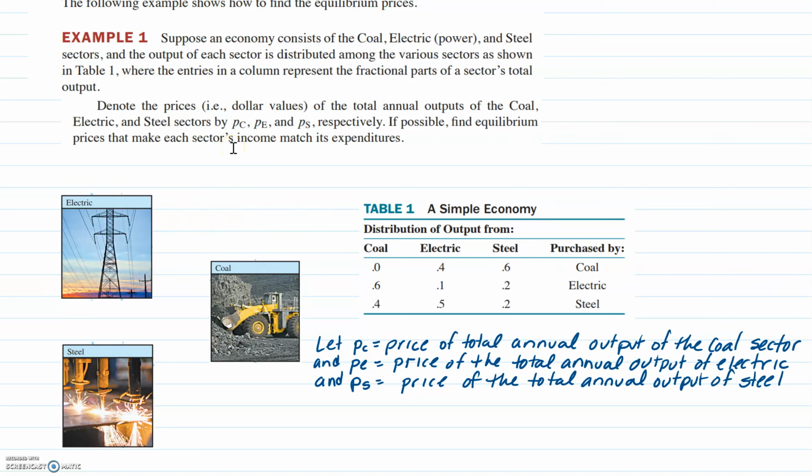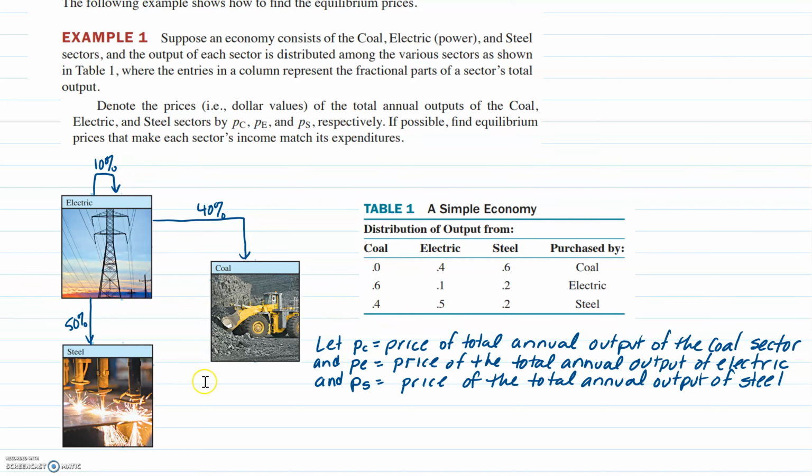So the output of electric was purchased by coal, 40% of it. I'm going to skip electric to electric and go to the 0.5. 0.5 of the electric was purchased by steel, so 50% is the output to steel. That 0.1 means 10% remains with electric. Notice how these add up to 100% and these columns add up to 1.